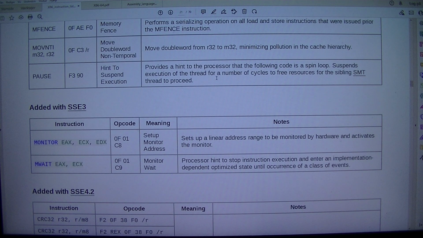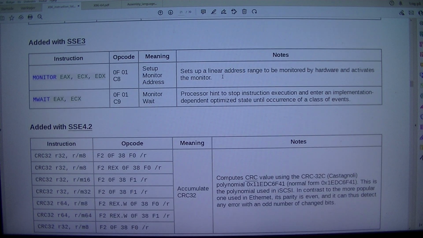PAUSE, F3 90: hint to suspend execution. Provides a hint to the processor that the following code is a spin loop. Suspends execution of the thread for a number of cycles to free resources for the sibling SMT thread to proceed. Added with SSE3.